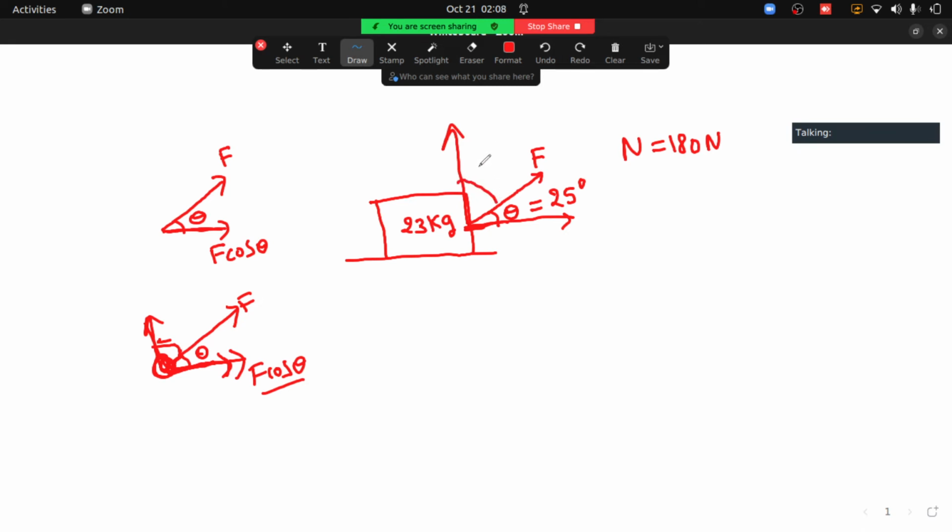I want this angle. This is 90 degrees, and this is theta 25. I want to find the value between this vertical line and the force F. This is 65. So what is the force along this direction?